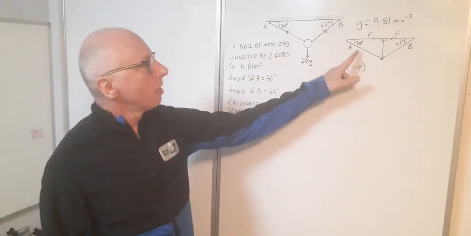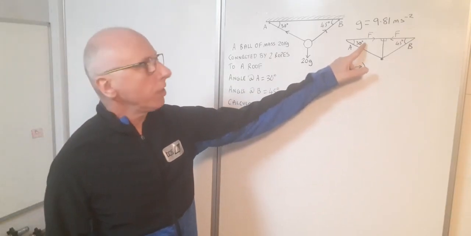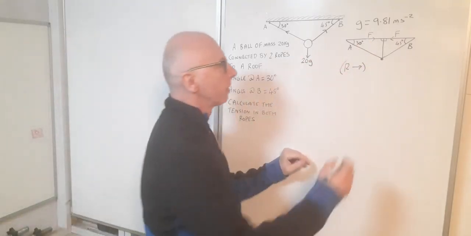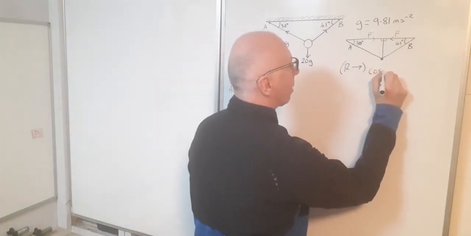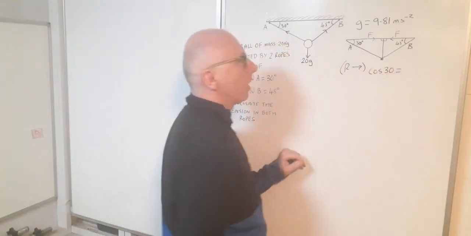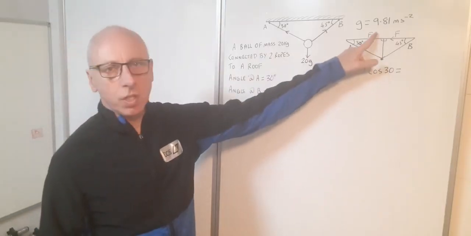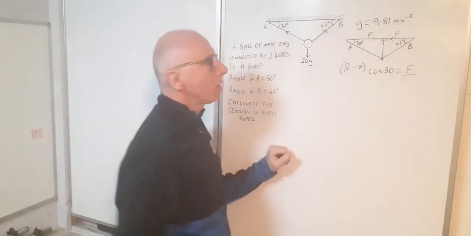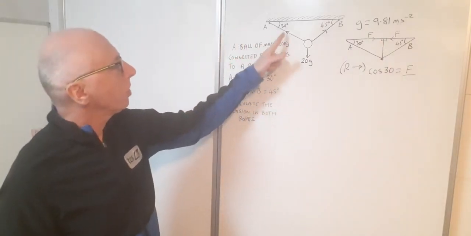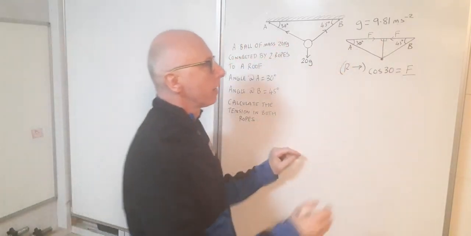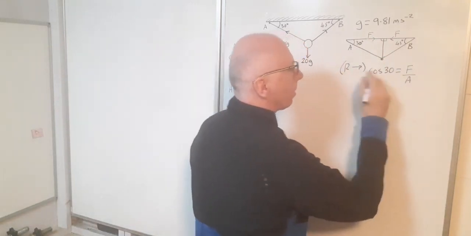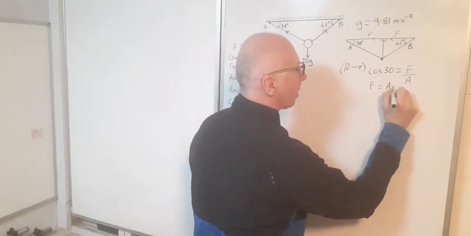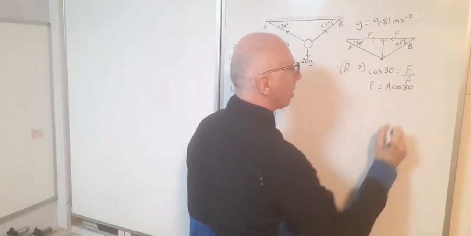So we could use 30 degrees and it's the adjacent side. So here, adjacent, we use cosine. So if I say cosine of 30 degrees equals my force here, that's my adjacent, and my hypotenuse, well, my hypotenuse is just my tension A. So here I've got A. So then to work out what that force is, I've got the force equals A cosine of 30.